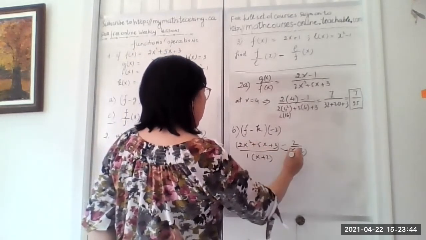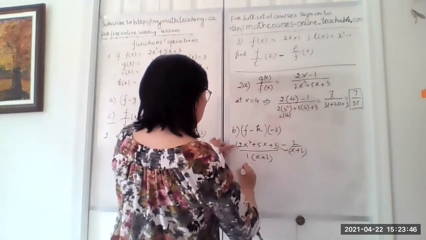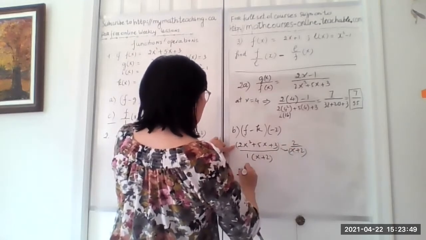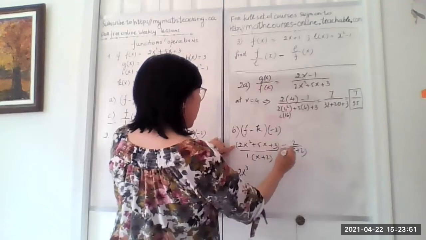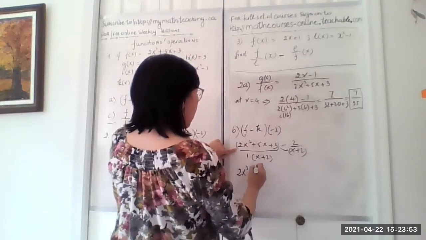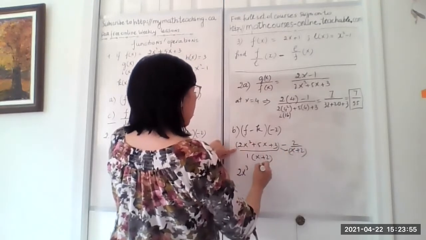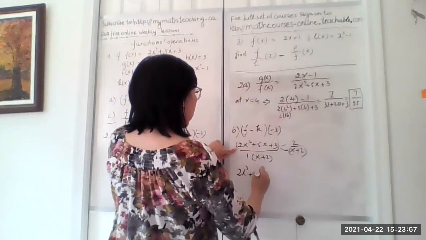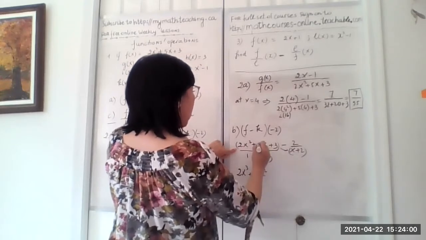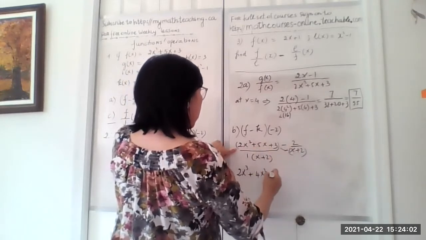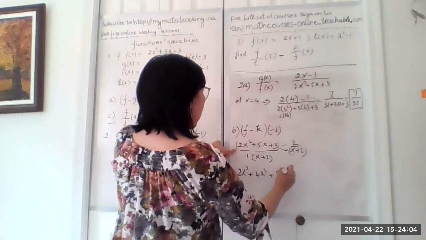Now, if I multiply this with this, I will have 2x to the power 3, right? X squared times x, 2x to the power 3. 2x times 2 is plus 4x squared. 5x times x is plus 5x squared.